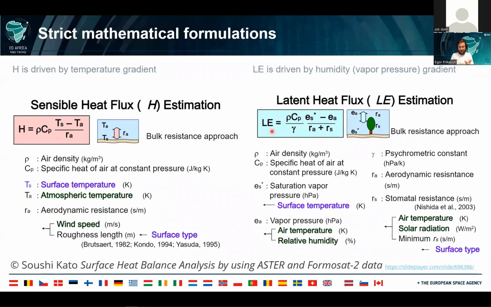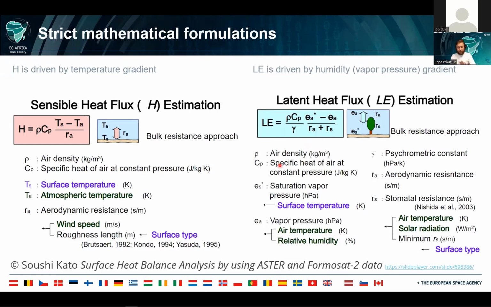You see, the equations are very similar, with the difference, of course, in the driver. It is the vapor pressure gradient that is the driver, and it is different in that not only aerodynamic resistance but also the stomata resistance is included. Remember the pores on the leaf? This resistance is also taken into account.